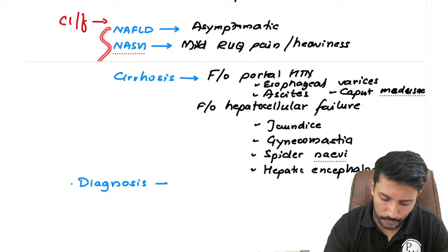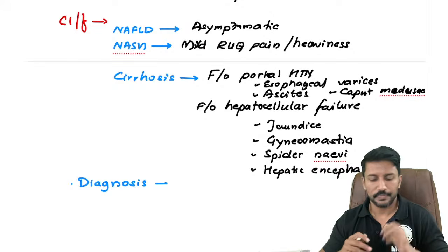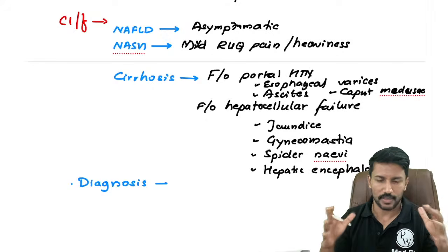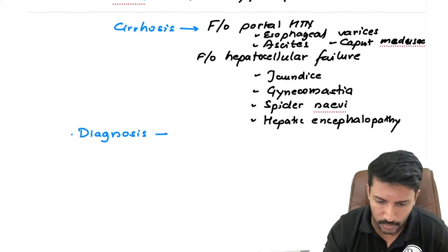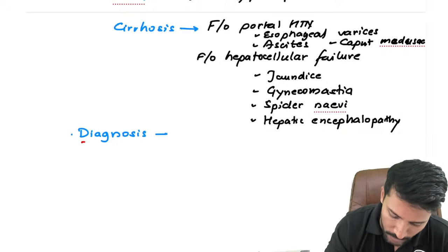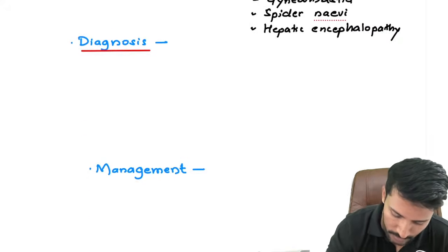Okay, so if I suspect that someone is having non-alcoholic fatty liver disease at any stage, NAFLD to cirrhosis, how will I establish the diagnosis? For diagnosis, we have invasive investigations and non-invasive investigations.